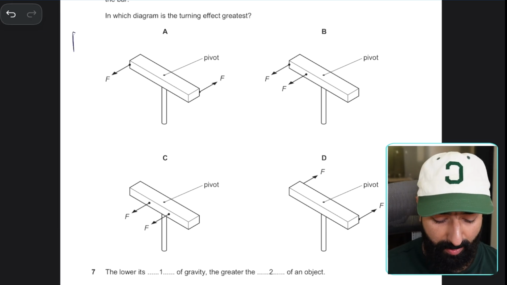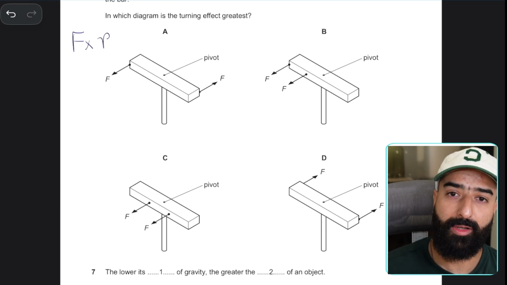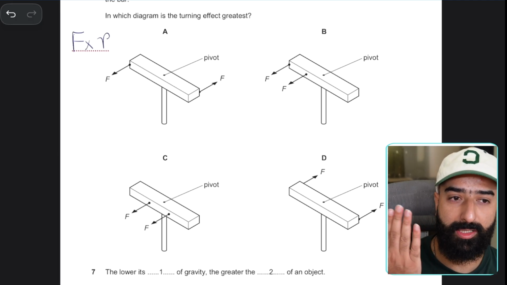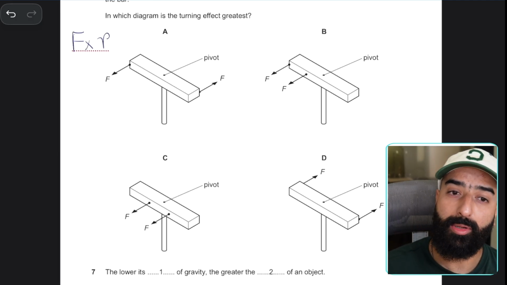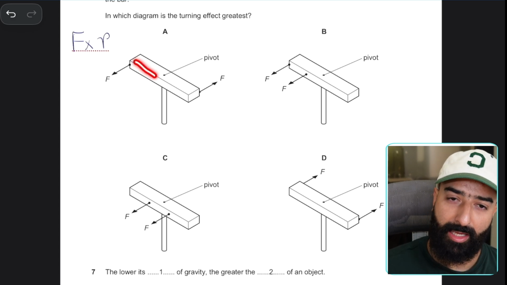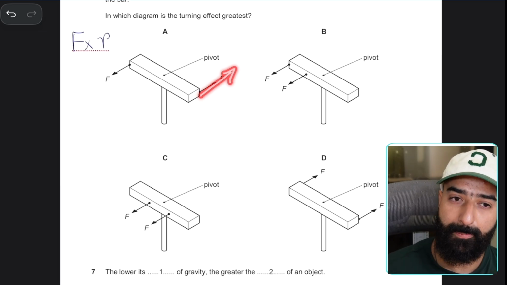It depends on force and how far you apply the force. F times R. Okay, now you can't change the force. It's F and F everywhere. But we can vary the distance. And it's maximized here. This one tries to rotate it. This one also tries to rotate it the same way.